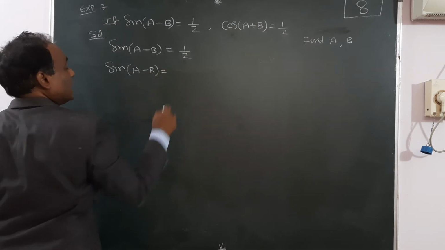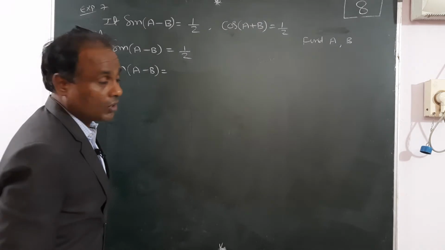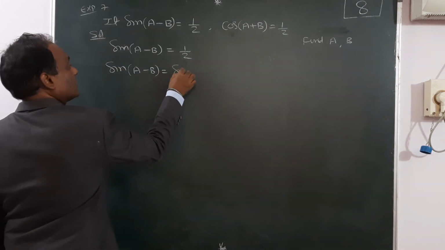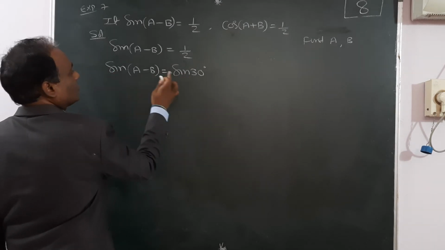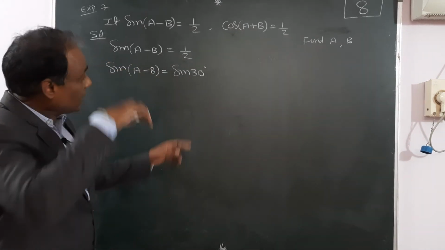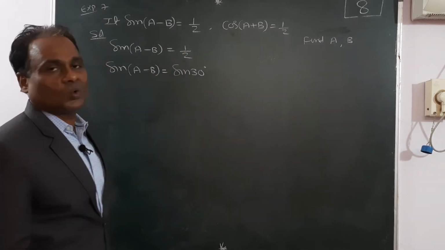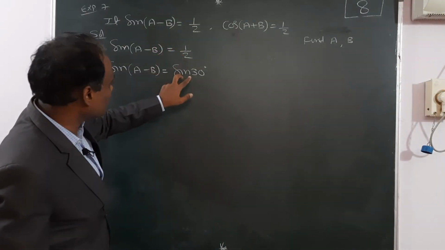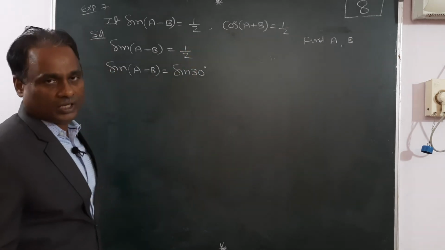See the ratios table. 1 by 2 is nothing but sin 30. Why did I write sin here? Because this is sin, this should also be sin. In place of 1 by 2, I am writing sin 30. Sin 30 value is 1 by 2 only.